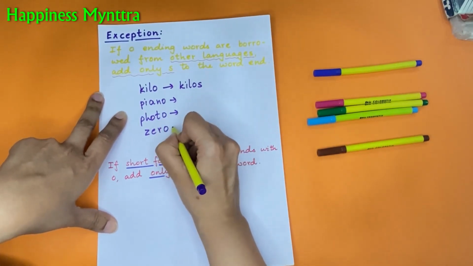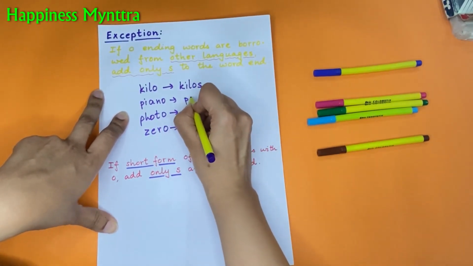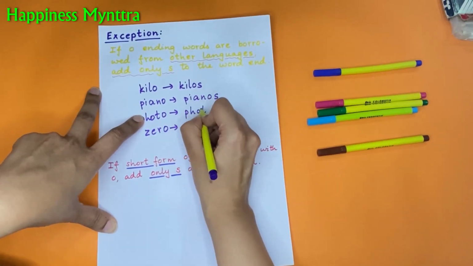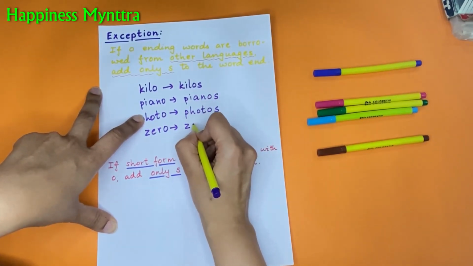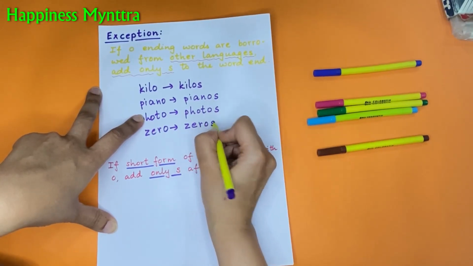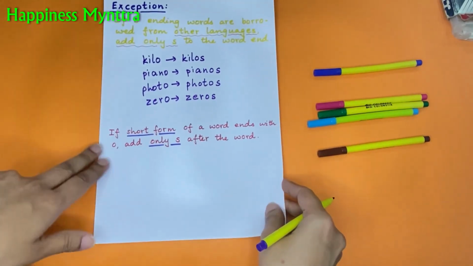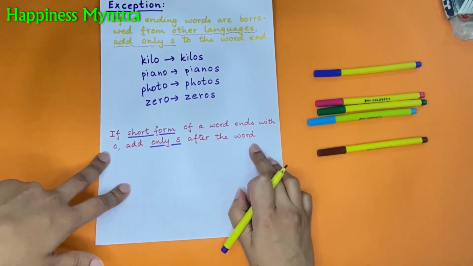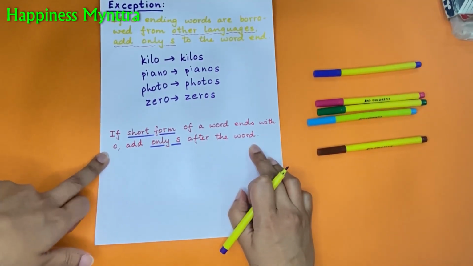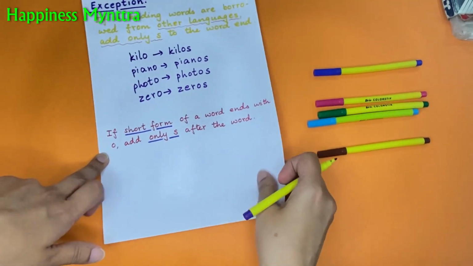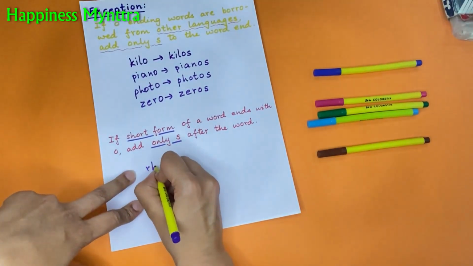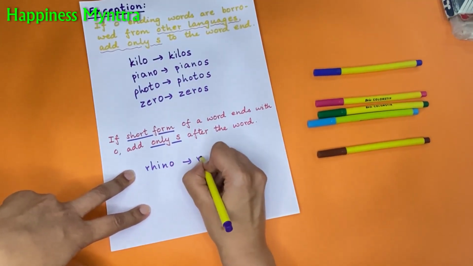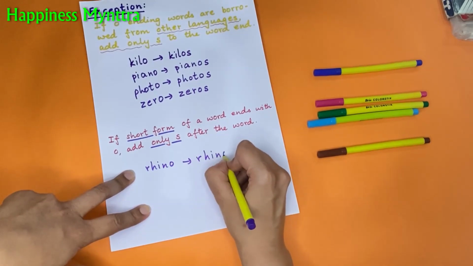All these are not original English words. They have been incorporated into the language. So here we add just an s. Another exception is that if the short form of a word ends with an O, add only s. For example, a rhinoceros, but often we just write it as a rhino. So after this we can write rhinos.